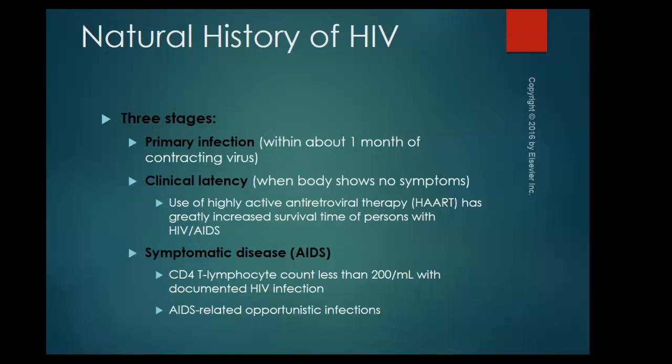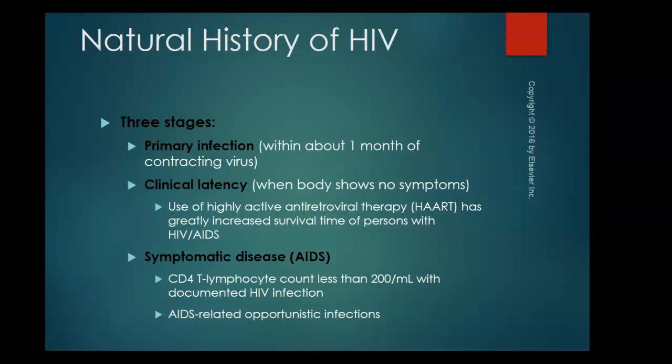So symptomatic disease, which is the AIDS stage, is the next stage of the HIV history. This is the stage where basically it is the result of the damage that the HIV has caused over the years. Acquired immunodeficiency syndrome is what AIDS stands for, and a way to determine if it is advanced enough to the AIDS level is that CD4 count, which is those white blood cells that fight your infection, would end up being less than 200 per mil with documented HIV infection.